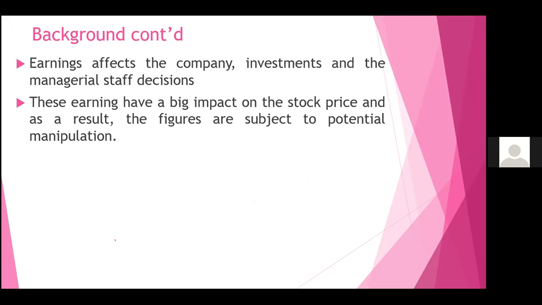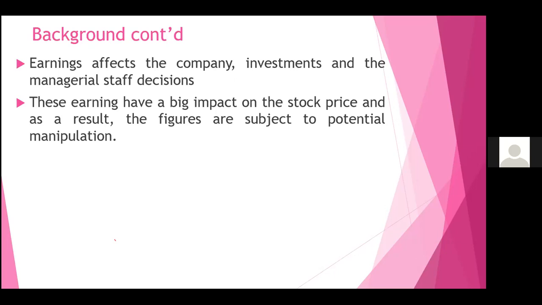And if they affect the stock price, every CEO will want to have something good reported, or want to show a good picture out there, maybe to attract the management. Also, when these earnings are reported high, sometimes the bonuses given to the CEO are based on those earnings.